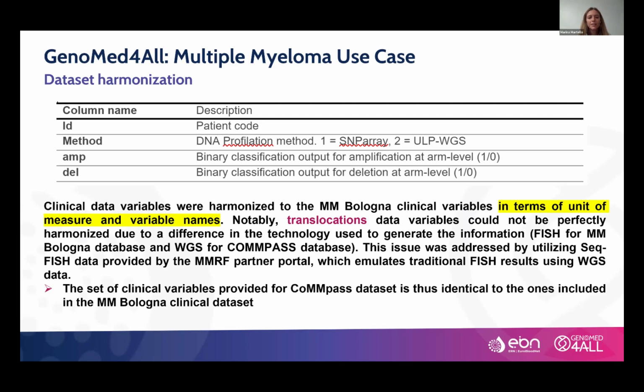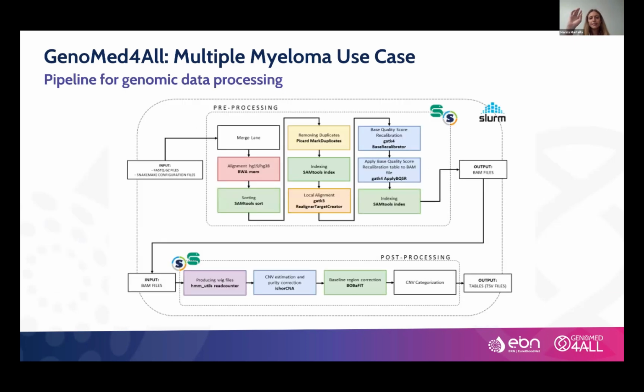During this harmonization, for example, all the information provided for amplification or deletion of a specific chromosome has been annotated all in the same way, both for the Bologna data set and the COMPASS data set.